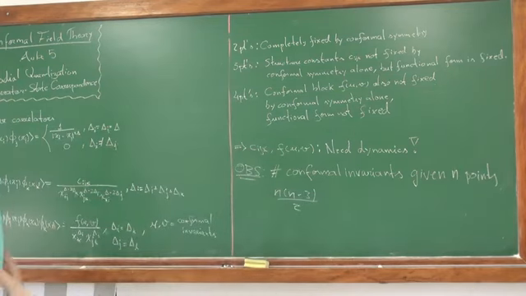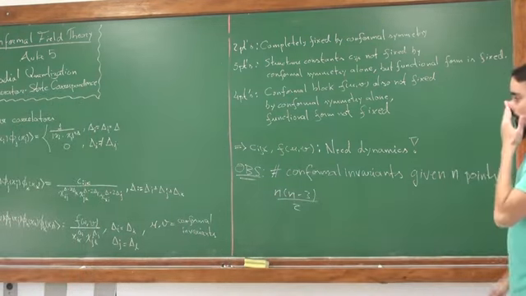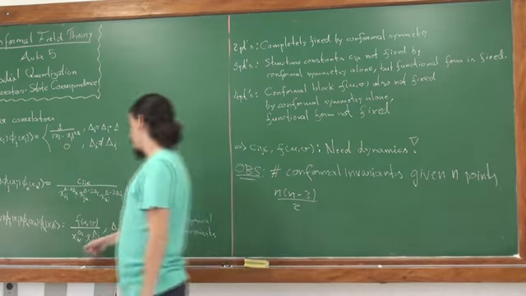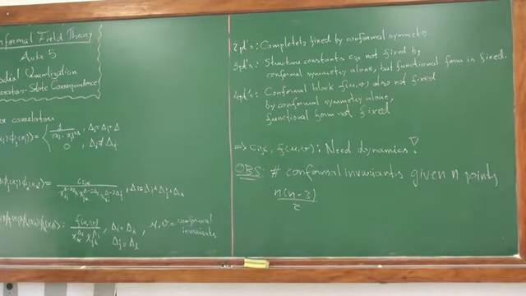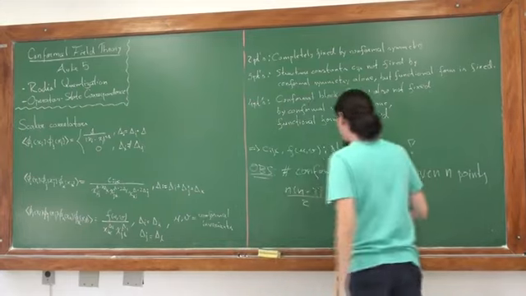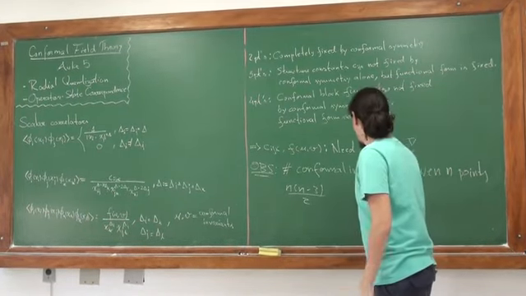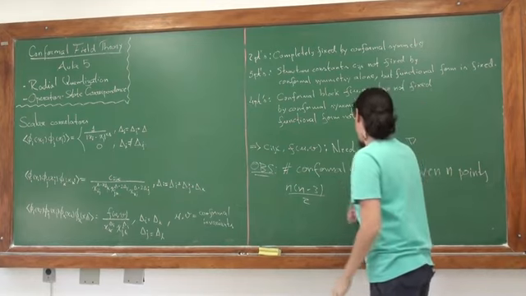And one possible way to count this number is, remember how we computed the 4 point function. Say we have n points. Let's do it this way.